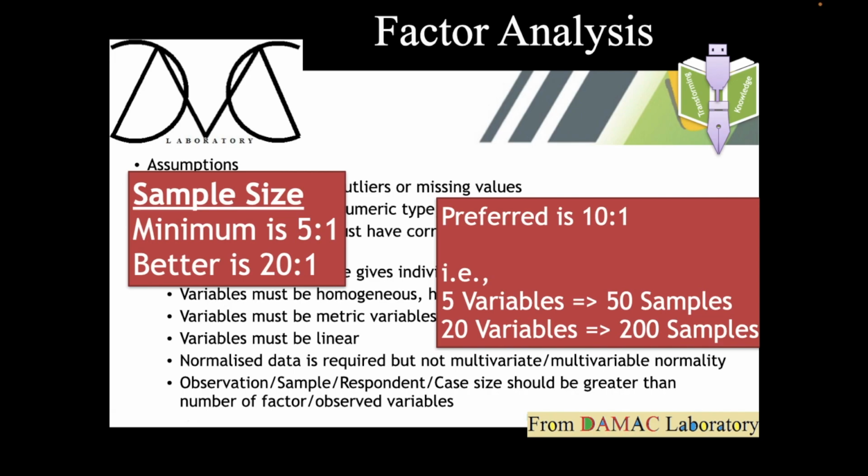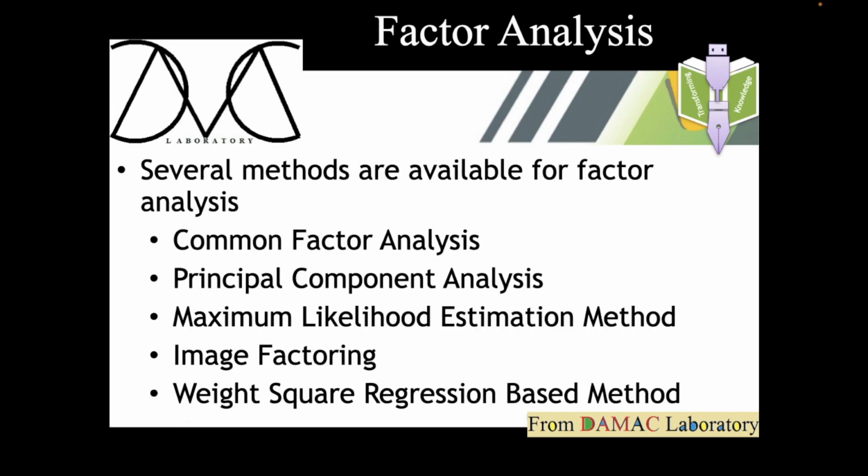That means if you have 100 variables, 1000 rows are preferred. If you have more than that, it is very good. If you have less than that, that is also fine, as long as it is not less than 5 to 1.